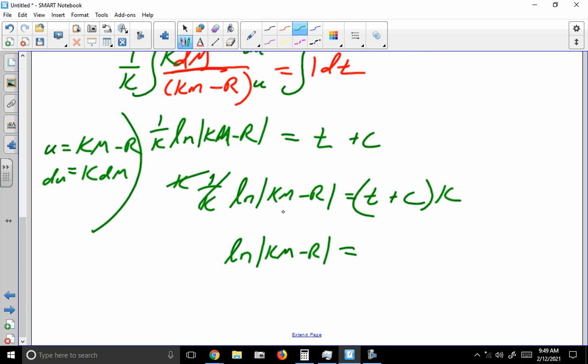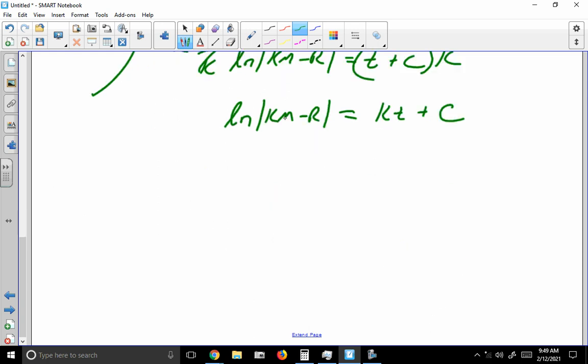That's not necessarily how much we have in the pond. That's just the growth and removal in the pond. So it is possible that that's negative, so we do have to be careful with our absolute value there. Anyway, if we distribute the k, we have k times t. If we multiply a constant times a constant, that's just a constant.